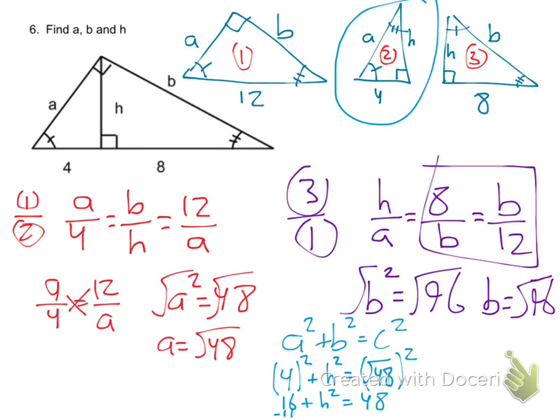And if I subtract 16, H squared is equal to 32. Square root, H is equal to the square root of 32. Again, you need to reduce or simplify it. But you now have A, B, and H. And we did this by creating 3 triangles, setting up the ratios, and you were good to go.